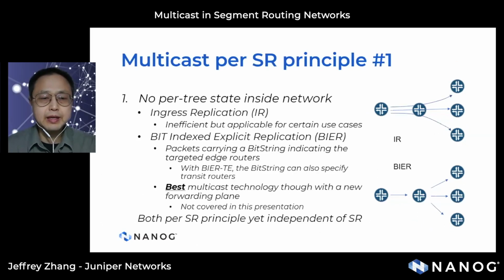Because it gives you efficient replication and does not require per tree state in the network, it is the best multicast technology so far, whether it's for an SR network or not. However, because it involves a new forwarding plane, its deployment has been hindered, and we are actually not going to cover it in today's presentation.